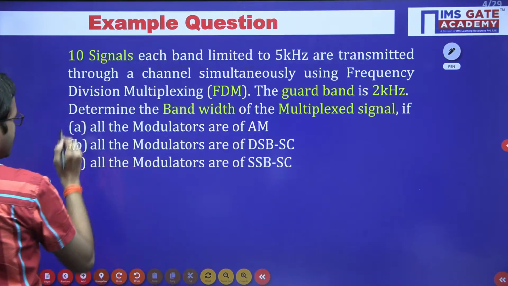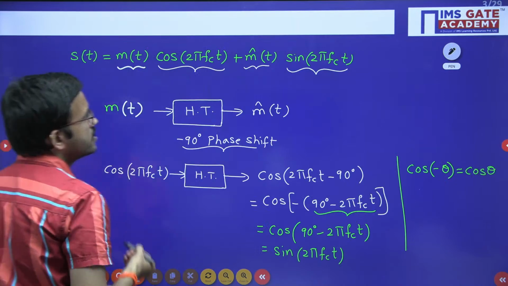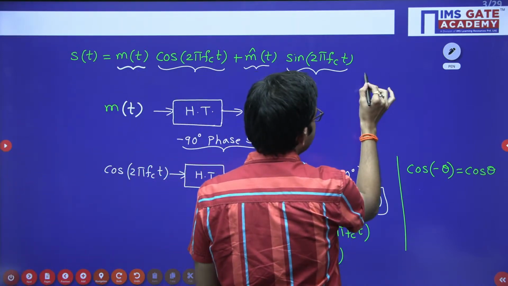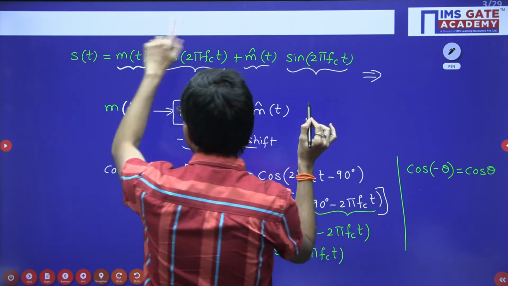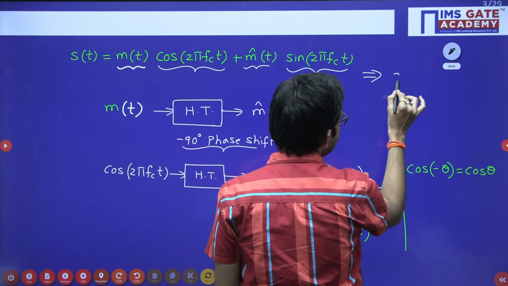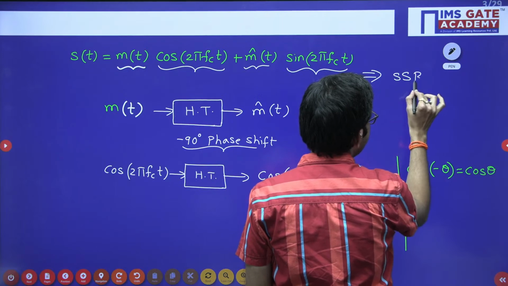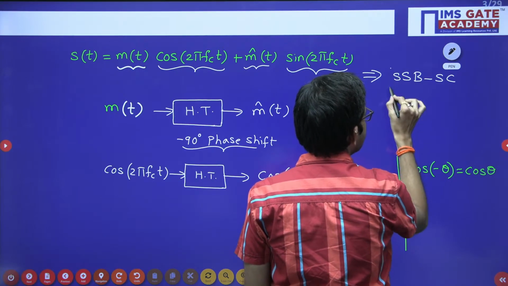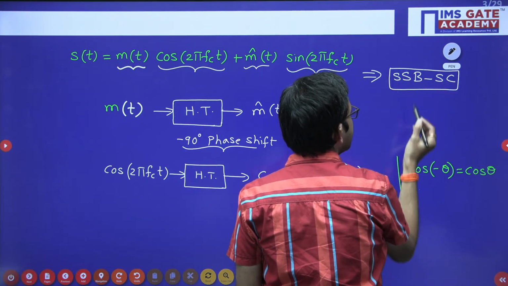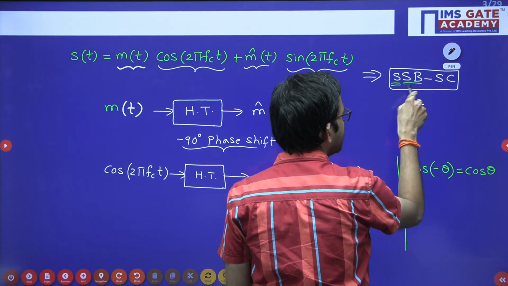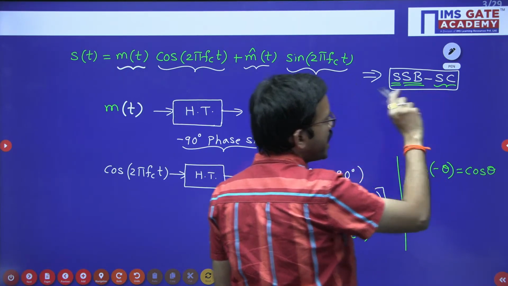Whatever S of t here you are having, the overall time domain equation, this equation represents SSBSC signal. So here, as the name implies, you are having single sideband. In that there is no carrier component.